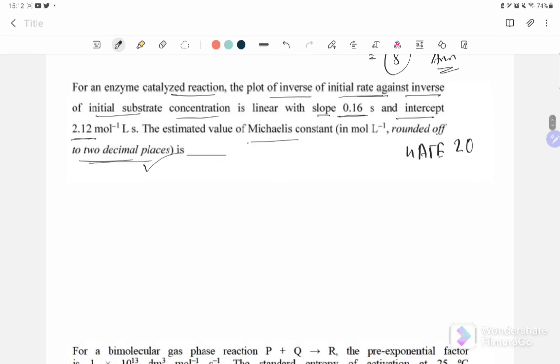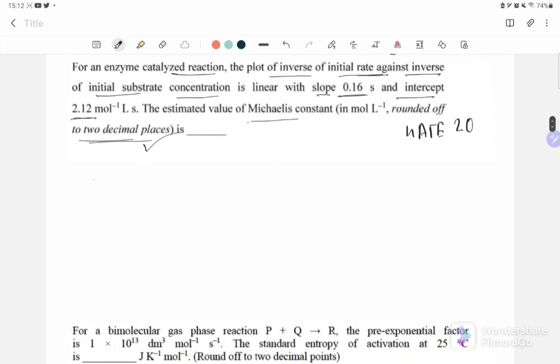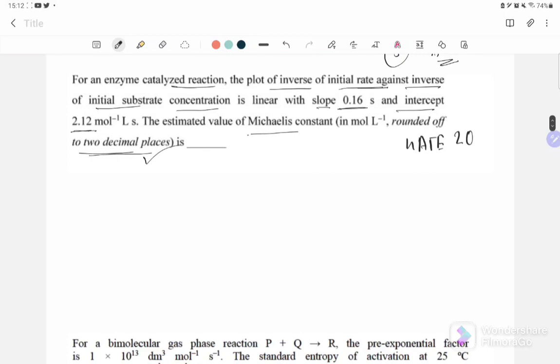So we know the rate of this enzyme catalyzed reaction. If we derive this equation, the rate will be K2 E S by Michaelis constant Km plus S. So what is K2, what is Km?